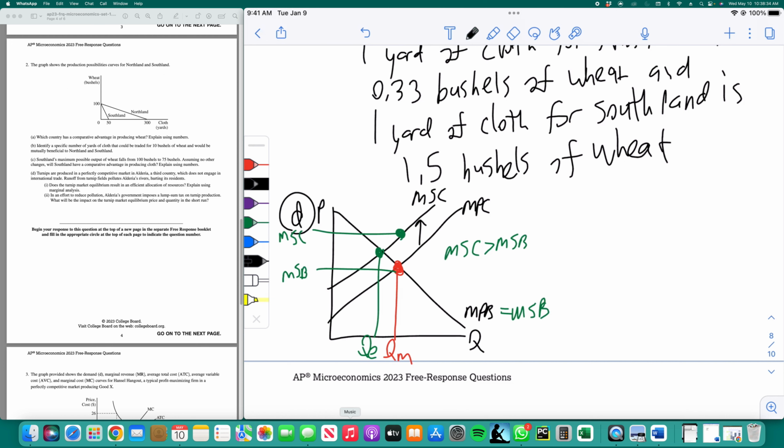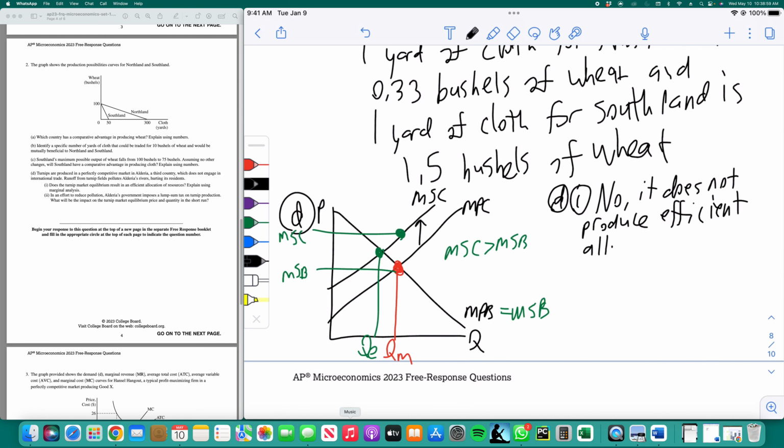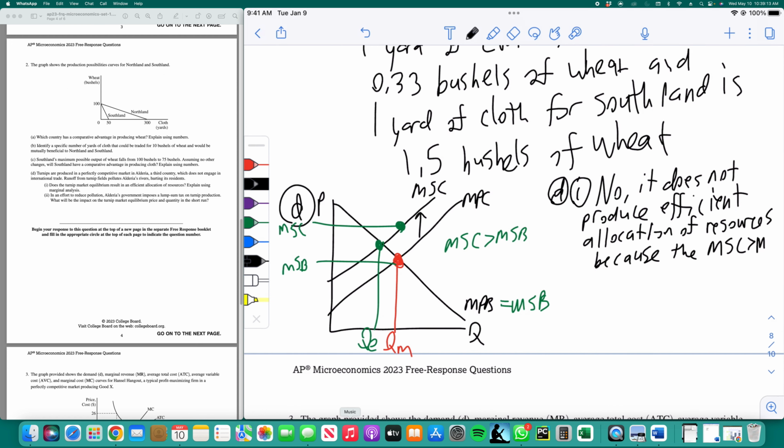So all you would say for part D, for D I, you would say no, it does not produce an efficient allocation of resources because the marginal social cost is more than the marginal social benefits.